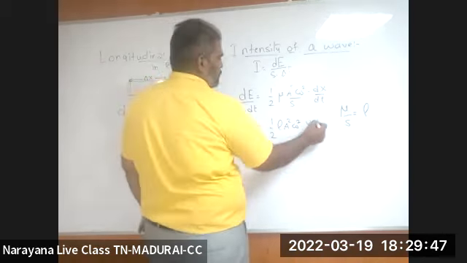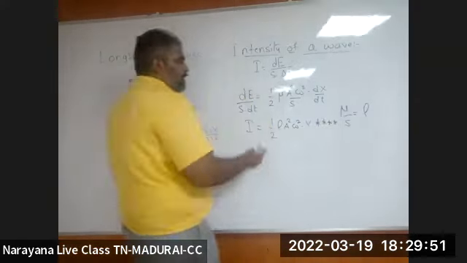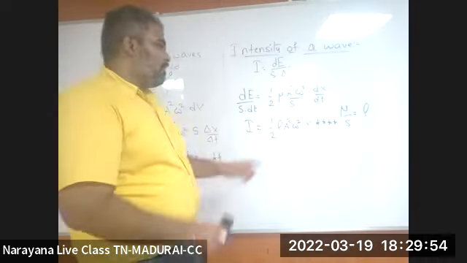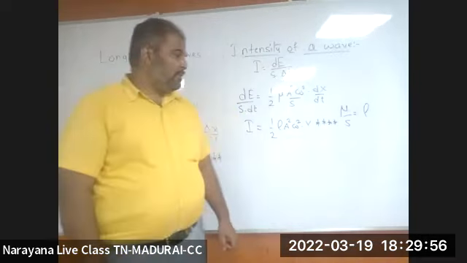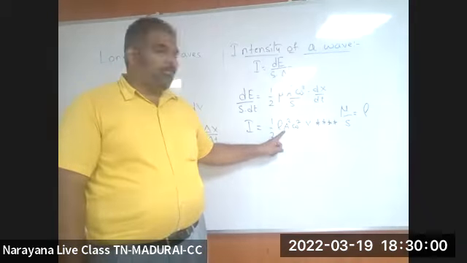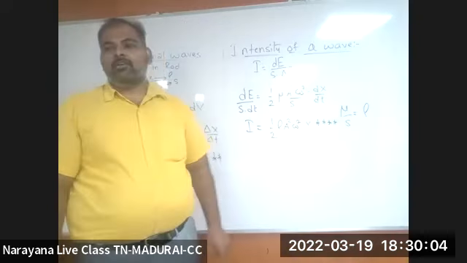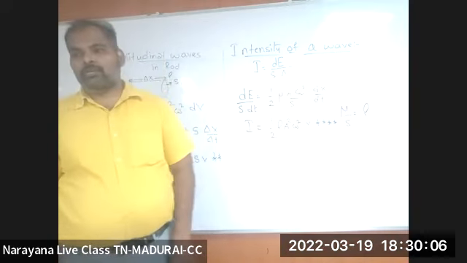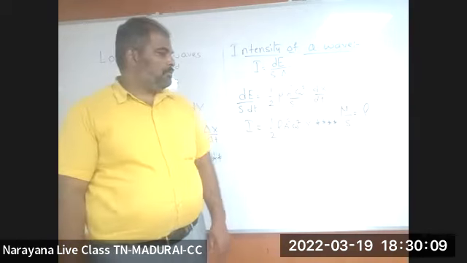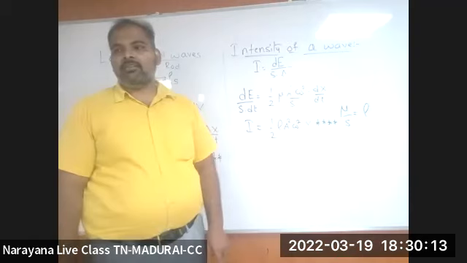In future applications, I will not write all the constants. Why? Because here density is constant, amplitude is variable. For example, take one small loudspeaker and one large loudspeaker. What is the difference? Only the amplitude is more. Frequency remains the same.